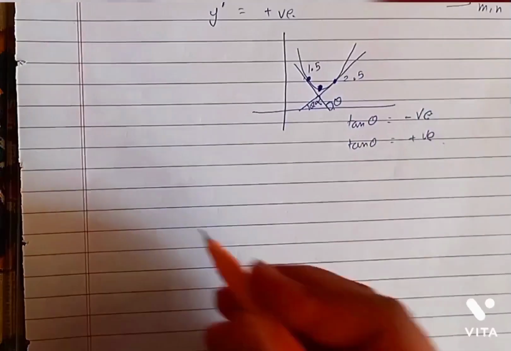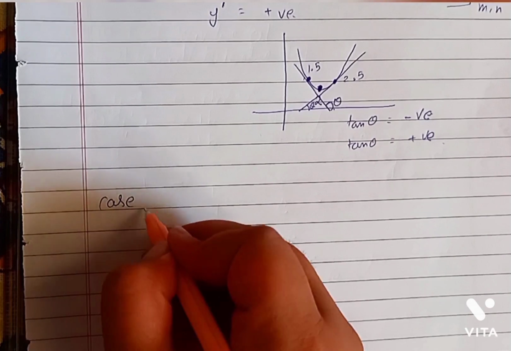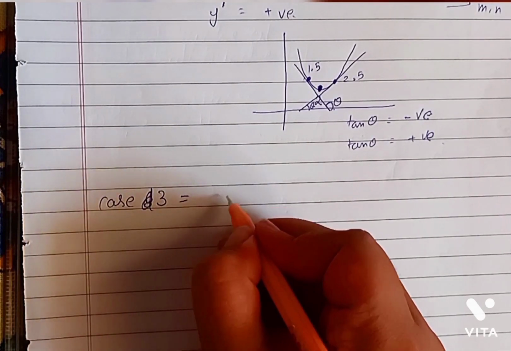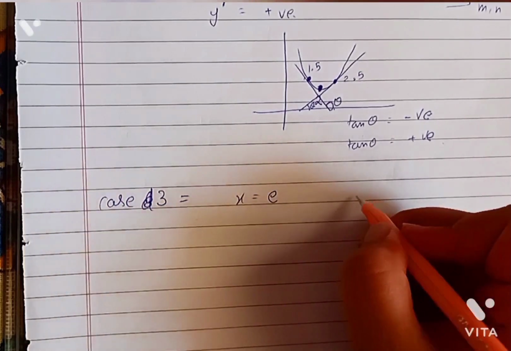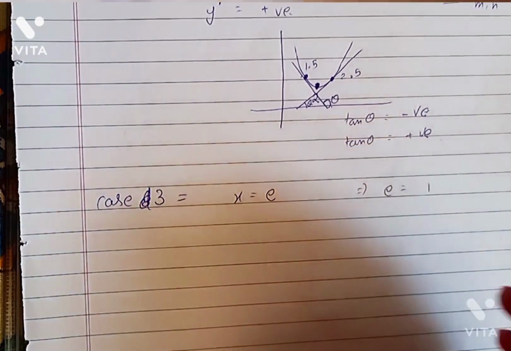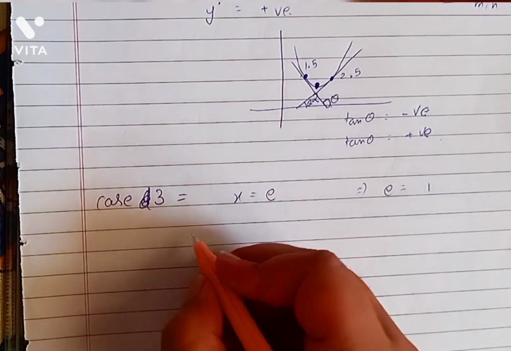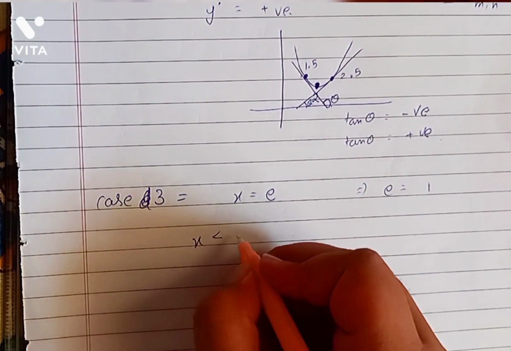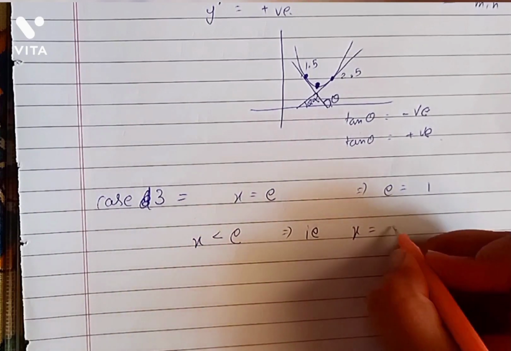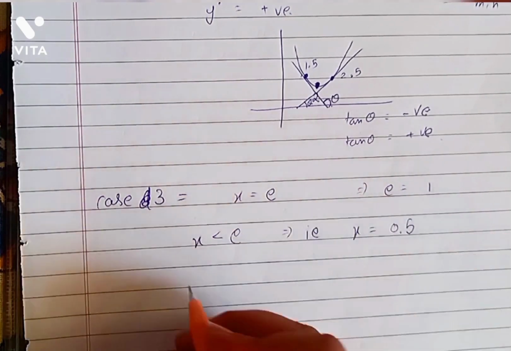Now we'll take case 3. That is, I have taken a turning point X equals to E. Now suppose this E is 1. Firstly I'll take X slightly less than E, that is X equals 0.5.